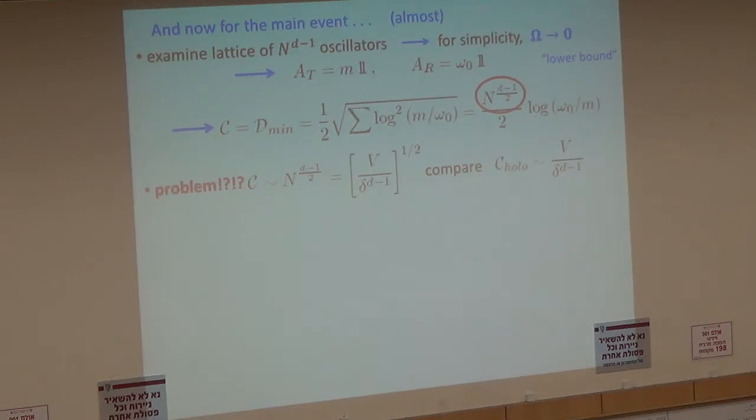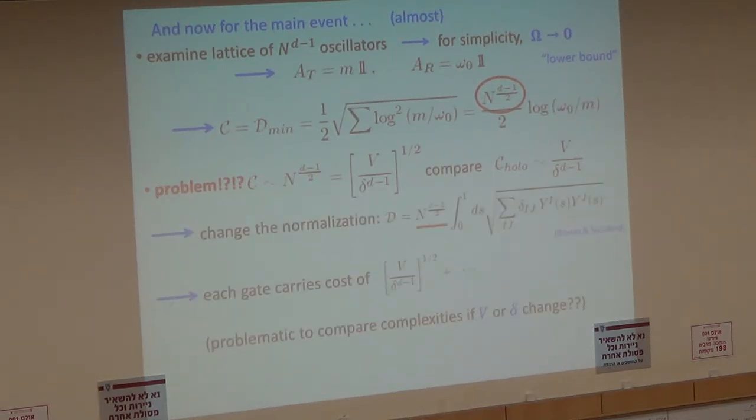And so I get something like V over delta to the power 1/2, whereas in the holographic problem, we saw things were extensive. We had V over delta to the d minus 1. That doesn't mean that this is wrong. It just means that this particular model doesn't reproduce a feature that we saw in the holographic case.